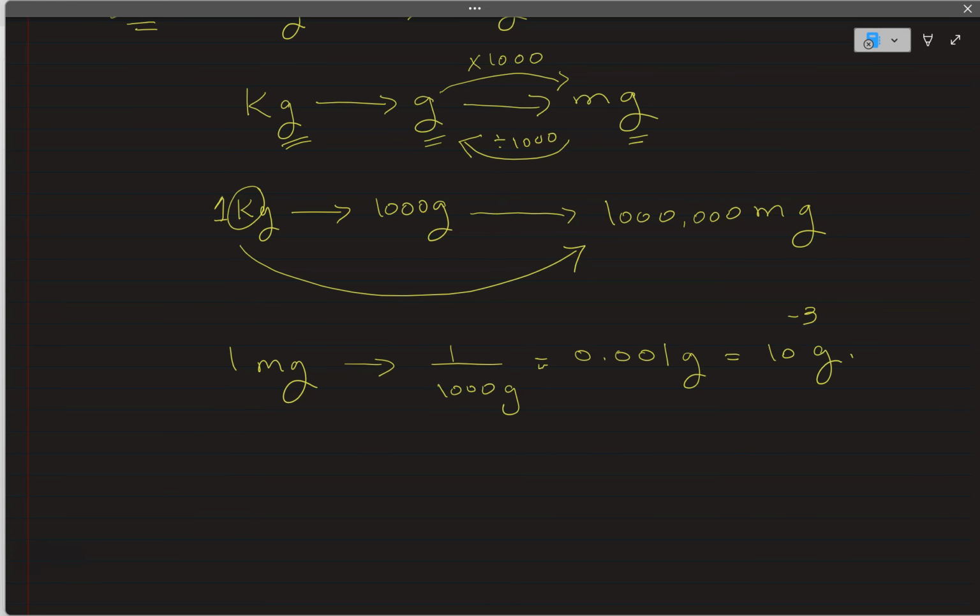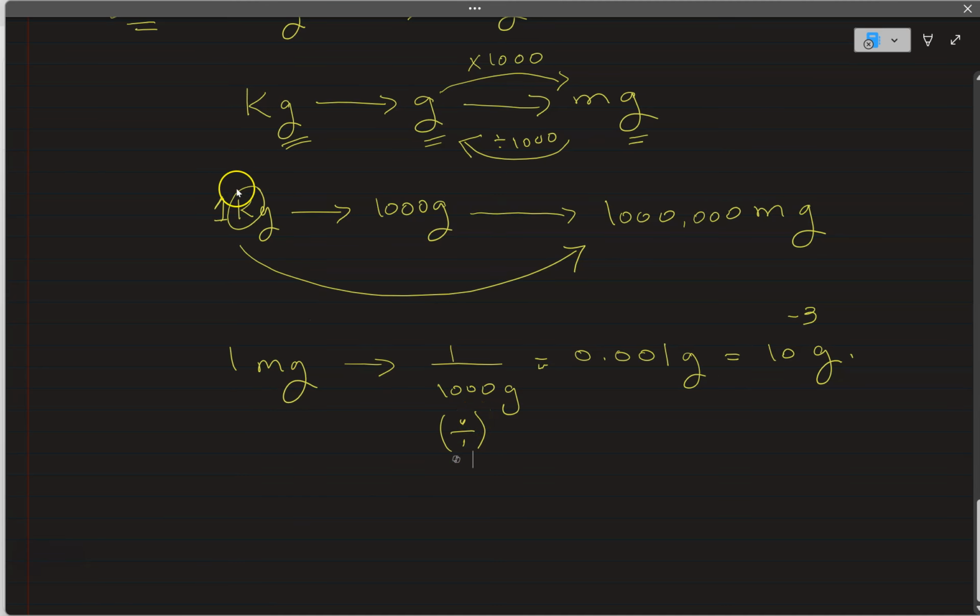Okay, now you're going backwards, so this is where the division comes in. You are dividing 1 over 1000. That's the 1 milligram to get the gram. So if you're going from the smaller unit with the smaller prefix to the base unit, you have to divide.